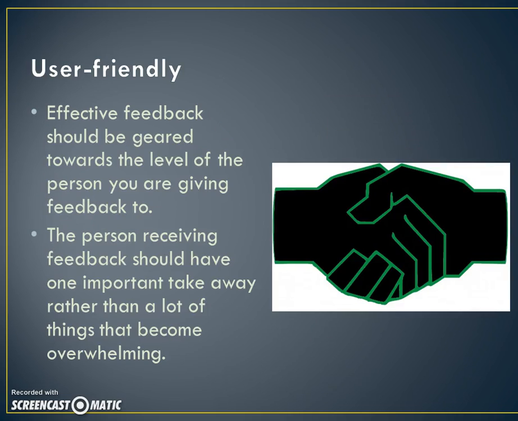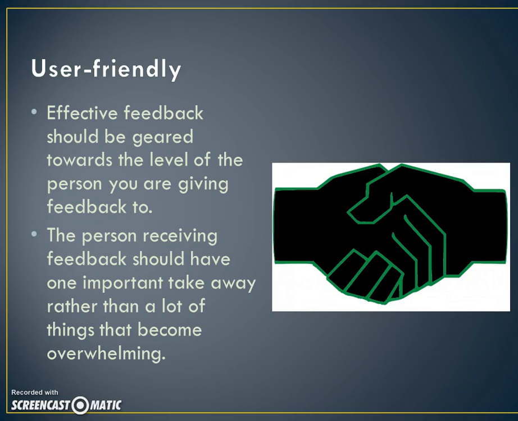The next step is for the feedback to be user-friendly. The feedback should be geared towards the level of the person you are giving feedback to. Wiggins does a good job here of describing a complex baseball swing using torque and physics as your means of explaining what's going wrong with a baseball swing to a 6-year-old who would obviously not understand most of the terminology being described.